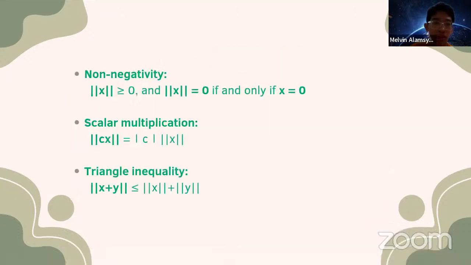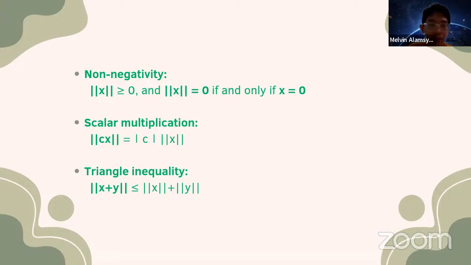The properties of the norm are three. The first is non-negativity, when we have the norm of x greater than or equal to 0, and the norm of x is equal to 0 if and only if x is equal to 0.